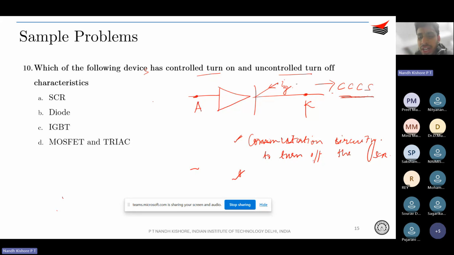Second, in order to turn off the device, you need to apply a reverse voltage. VKA should be positive, and of course you ensure that the current goes below your holding current. Only then can the device turn off. So you understand that the turn off is semi-controlled or uncontrolled, whereas the turn on is completely controlled with IG. Therefore, the SCR is the device that has a controlled turn on and uncontrolled turn off.